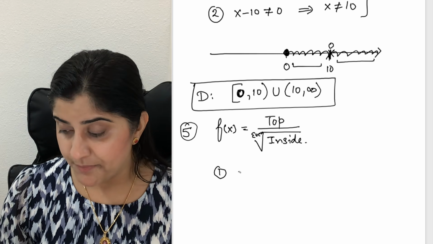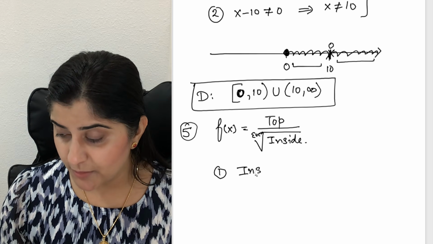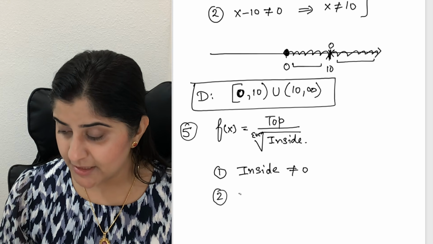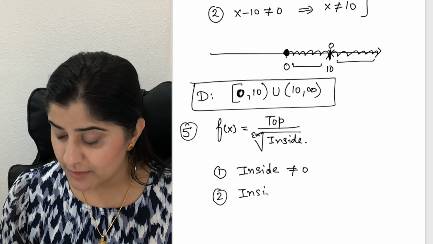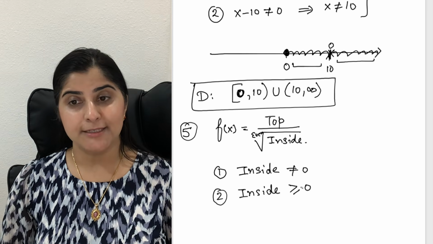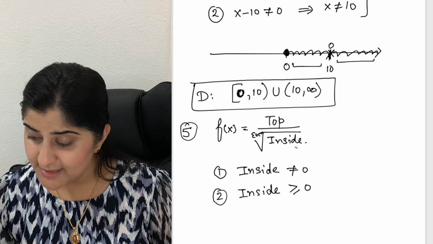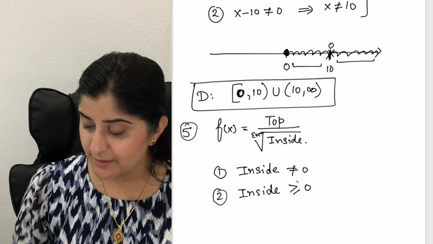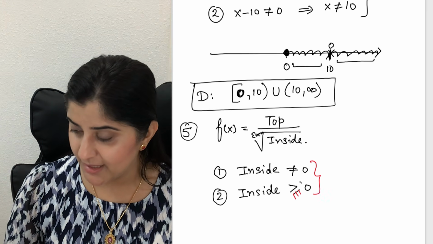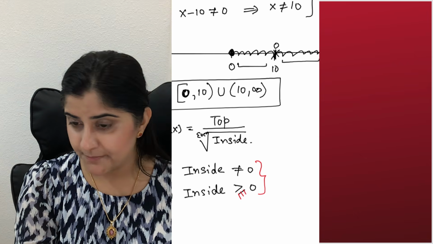First, the bottom cannot be 0. Second condition is the inside of a square root has to be greater than or equal to 0. Correct? Now the inside cannot be 0, so is it okay if I remove this equality sign when you combine these two things together?